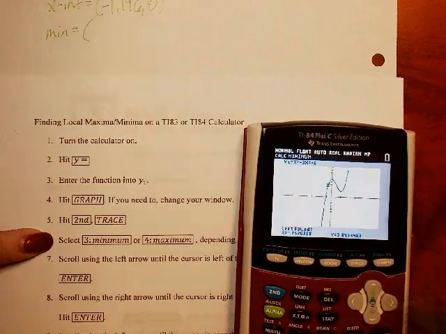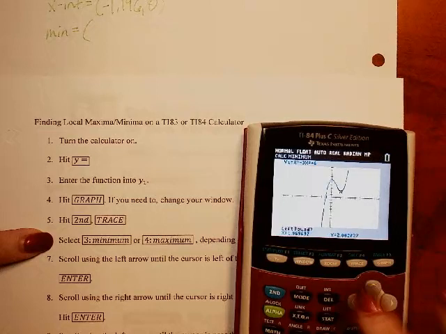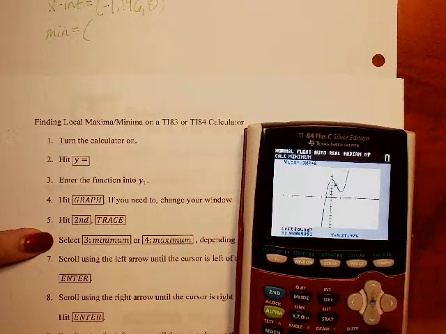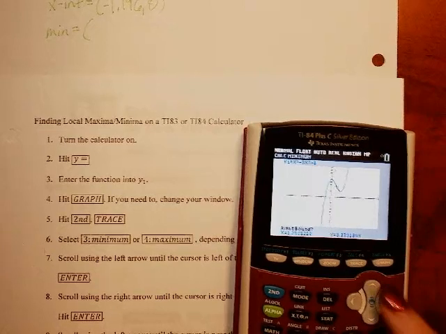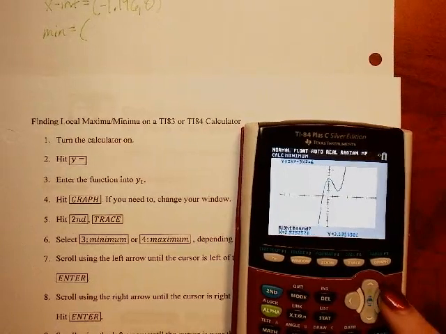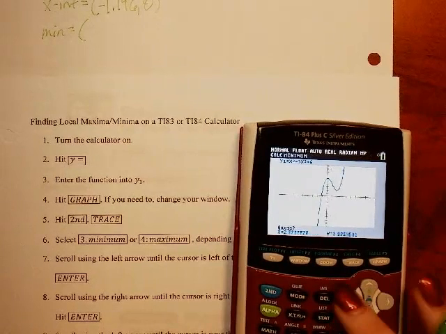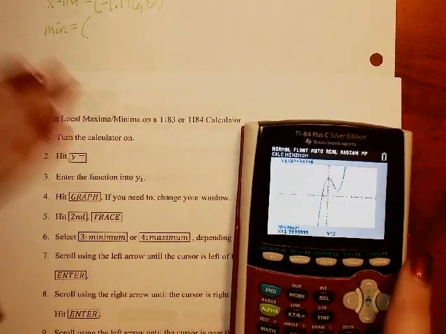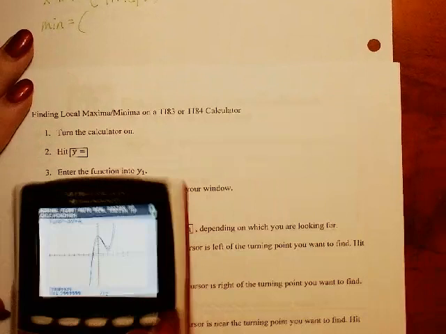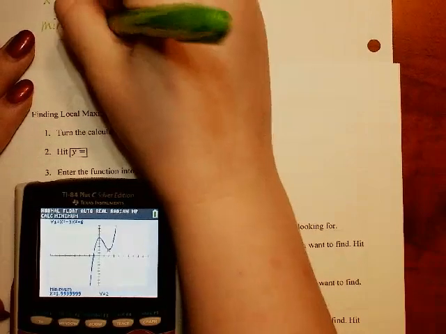So I'm going to scroll over here. We have to be left of it first, so I'm going to go left a little bit, hit enter. Then I have to go past it to the right, and hit enter. Then I have to get as close to it as I can, and hit enter. And our minimum is 1.9 repeating 2.